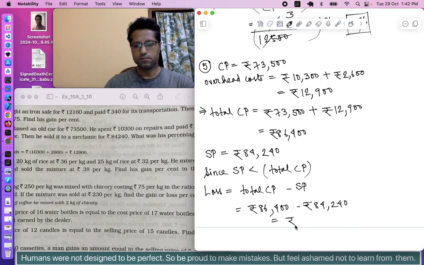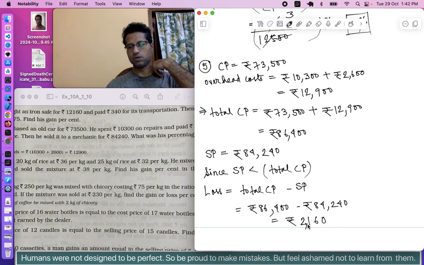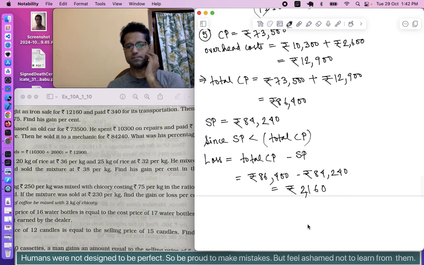This is equal to 2,160. So there was a loss of rupees 2,160.